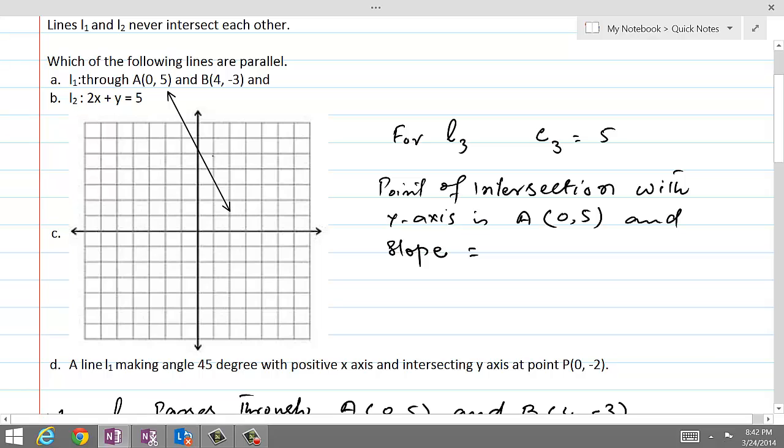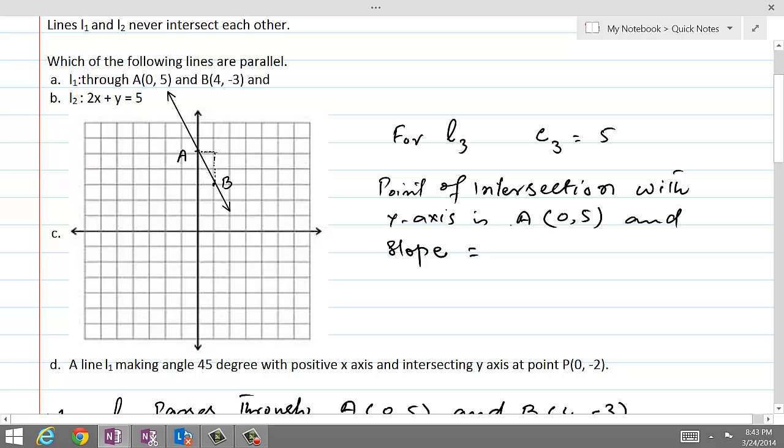For rise over run, we can mark 2 points. Always mark only those points which pass through the corner of the square, because that's how you can read the values in whole numbers. If we mark this as point A and this as point B, then we can run first 1 and then go down 2 values.